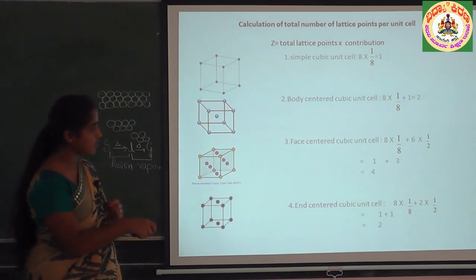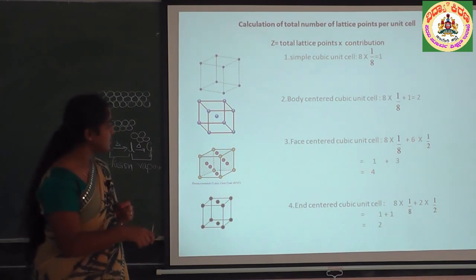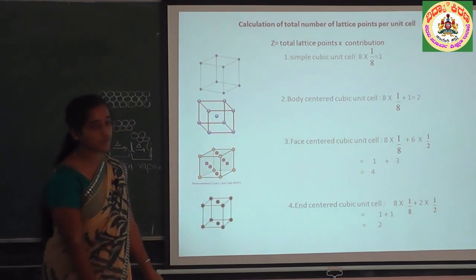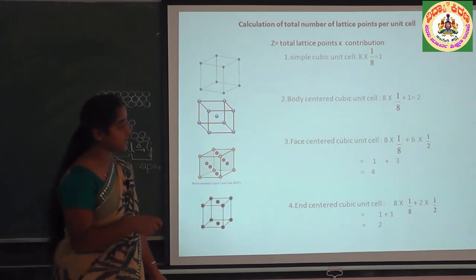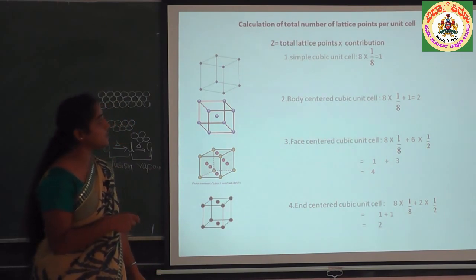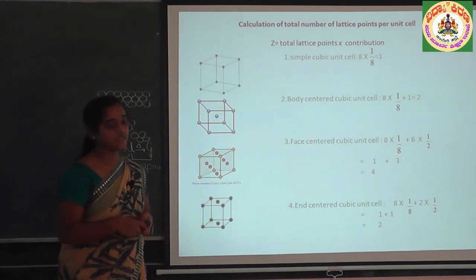The first thing is common, 8 at the corners divided by 8, plus 6 present at each face. So 6 into contribution 1 by 2. 8 into 1 by 8 is 1, plus 6 into 1 by 2 is 3, total is 4. So there are a total of 4 atoms present in one unit cell.